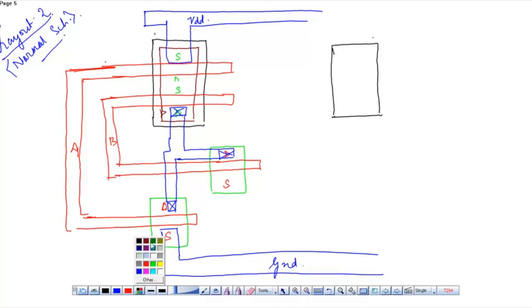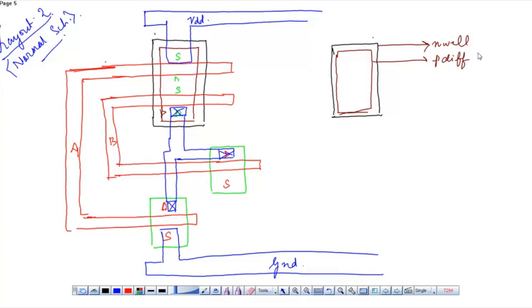This is the N well and this is the P diffusion. Now this is the N diffusion.